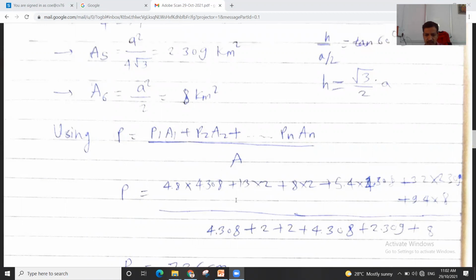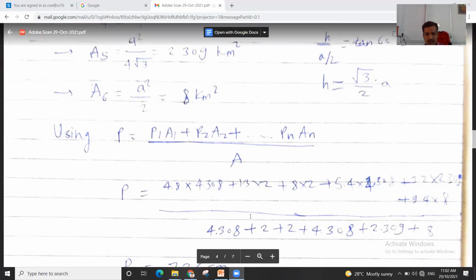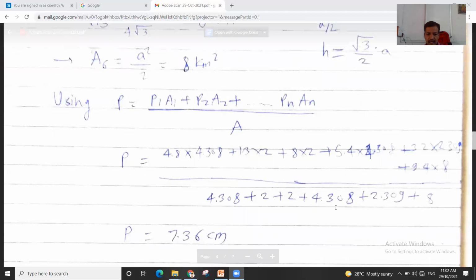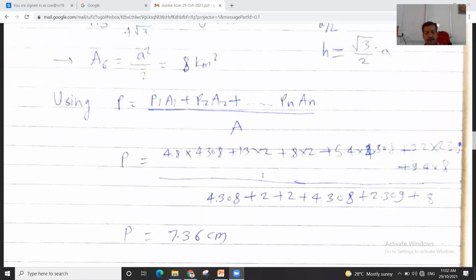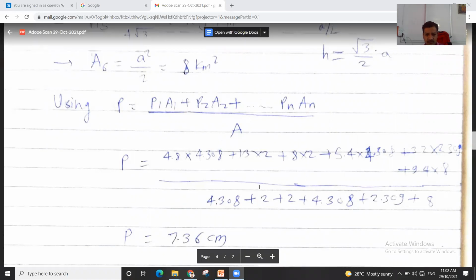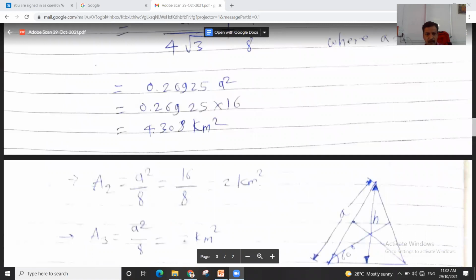Then divided by total area. Here it is capital P. Solve this equation to get the mean rainfall.